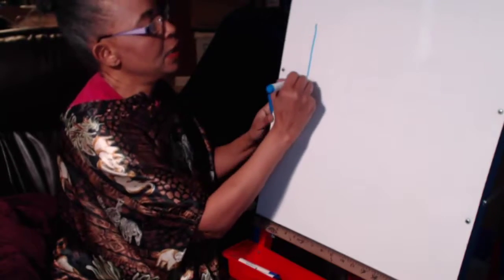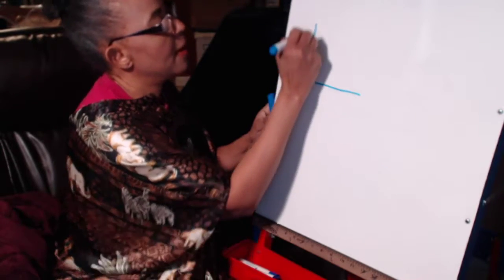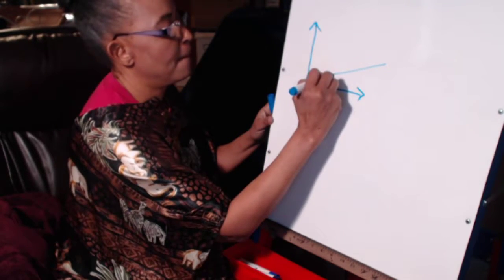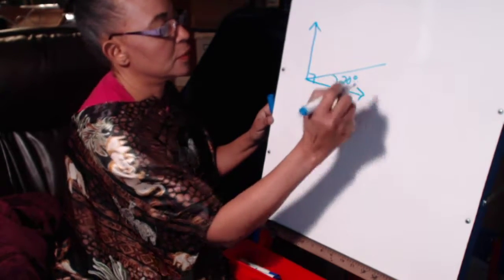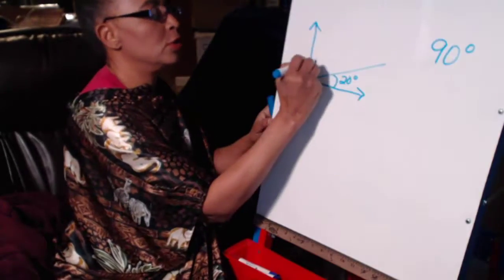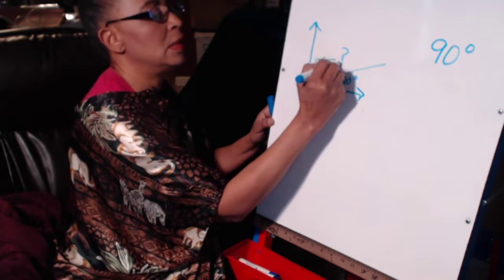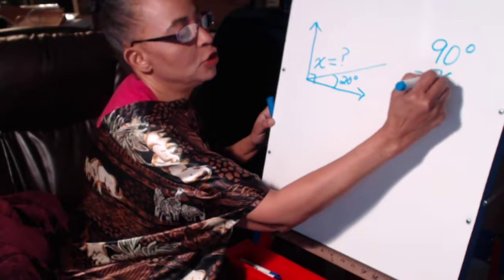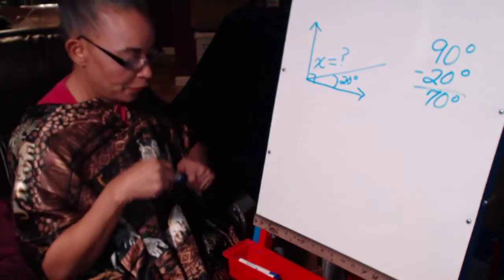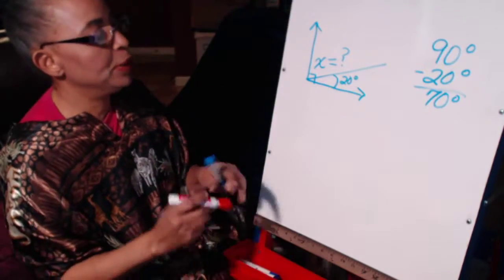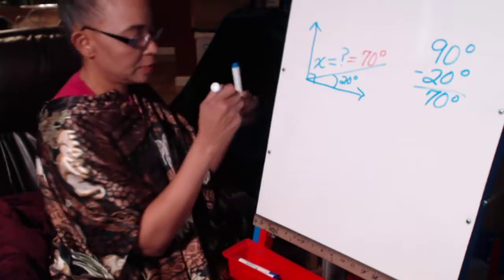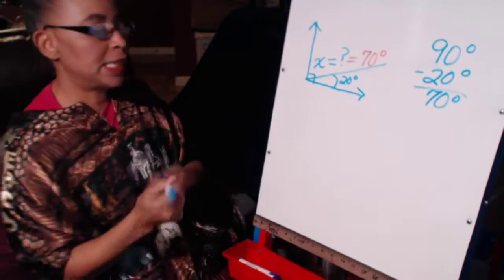So if they equal a right angle, so we have 90 degrees, which is our total, and we subtract the 20 degrees, what's left would be 70 degrees. So what does that say?